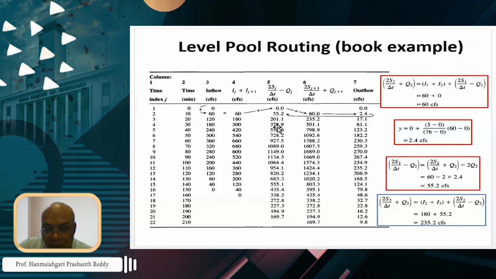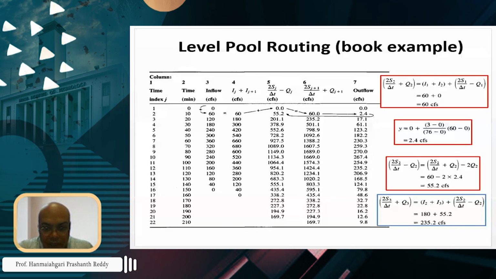Similarly, the next time it is 300 as Ij plus Ij plus 1, and P at previous time, that is 201.1. So together it comes to 501.1. Again for 501.1 P, we will get the Q value, that comes to 61.1. Then similarly we will get this column number 5. So we have to do the calculations like this.